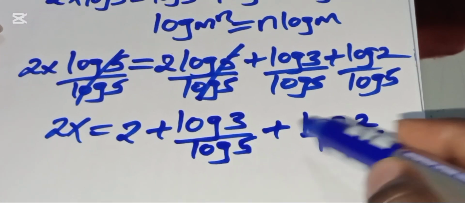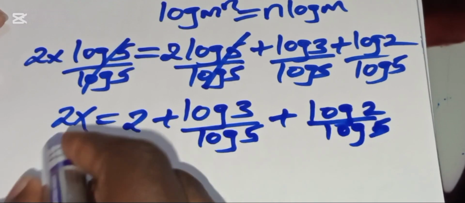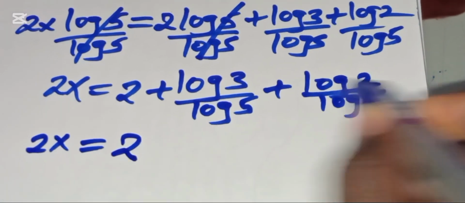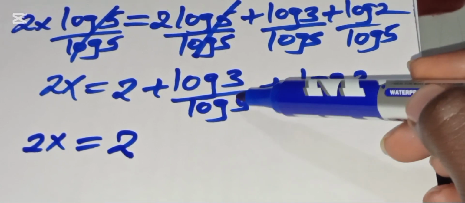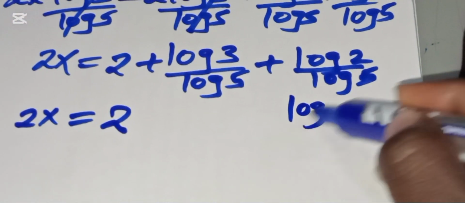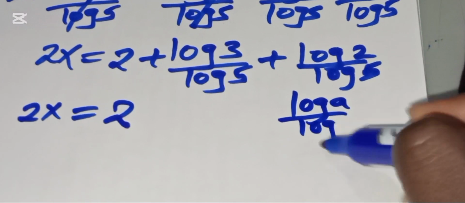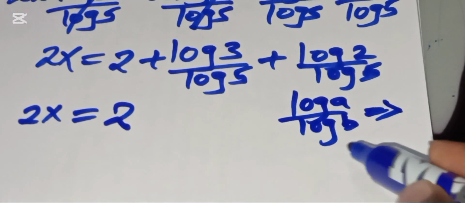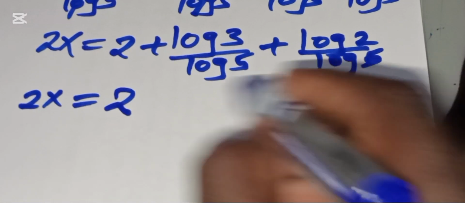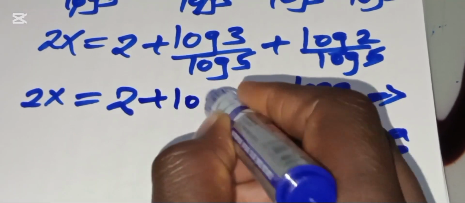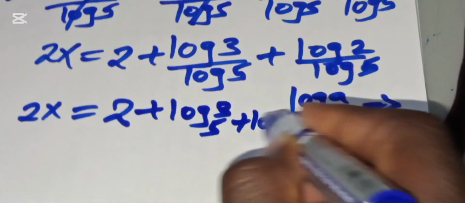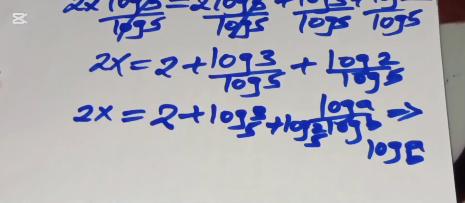Now, log 3 divided by log 5 and log 2 divided by log 5 are in the form of log a divided by log b, which you can transform as log a to base b. So let's apply this property. We'll have 2 plus log 3 to base 5 plus log 2 to base 5.